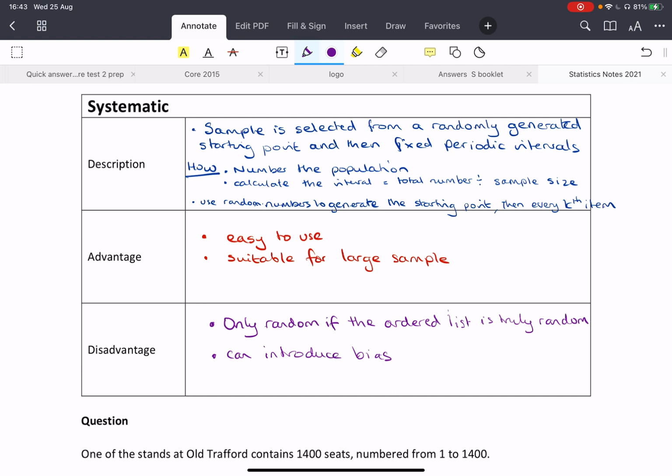It doesn't give you a truly random sample, although if your list is randomly ordered, it does help make it fairly random. And because it's systematic, it could introduce bias.